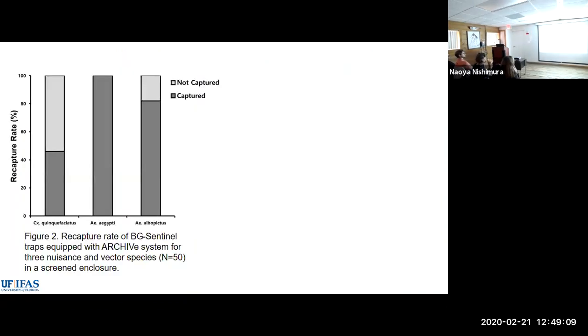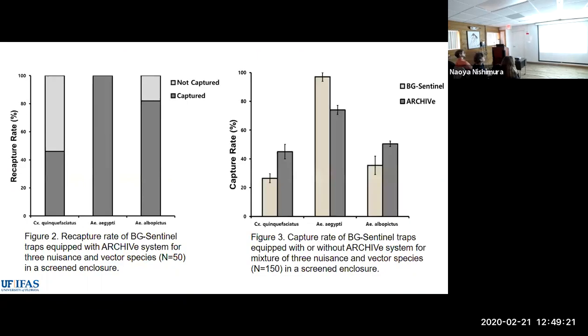But the result was incredible. In the single species setting, the highest recapture rate found was 80 to 100%. Compared to the PG sentinel trap, our system's capture rate was much higher. We were so happy we beat the PG trap.